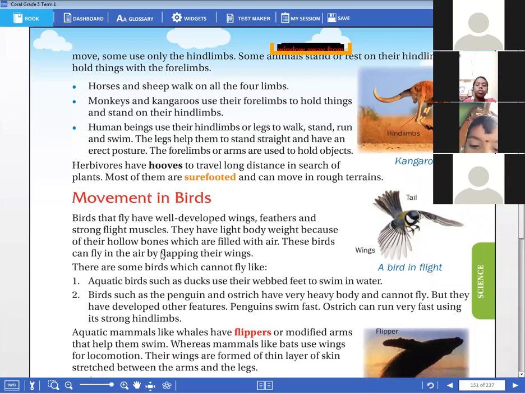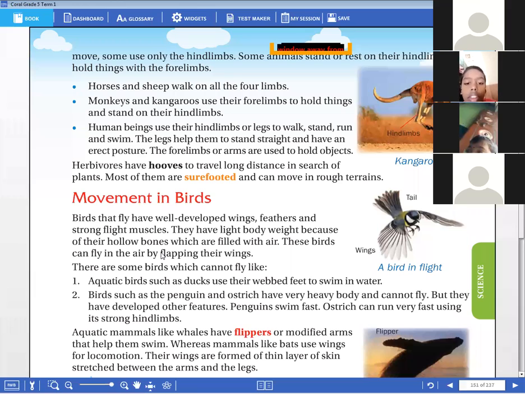Aquatic birds such as ducks use their webbed feet to swim in water. Aquatic means water, children. The word aquatic is related to water. So the birds which are related to water, like ducks. Ducks, they can't fly, they just jump as we said, because they have webbed feet.